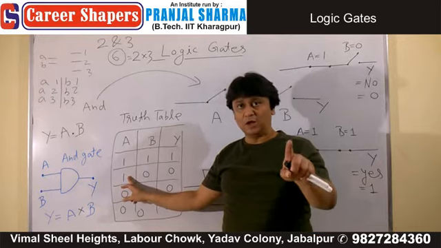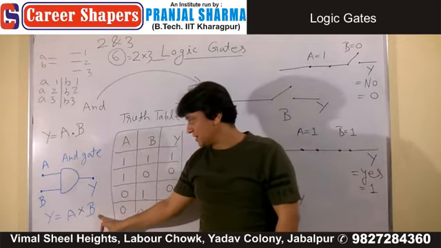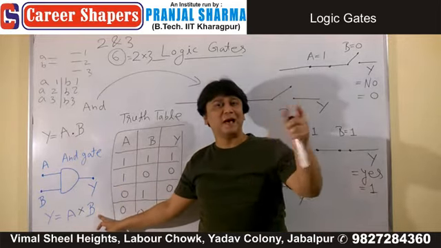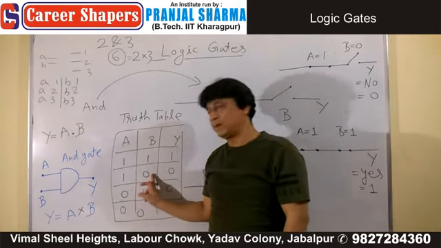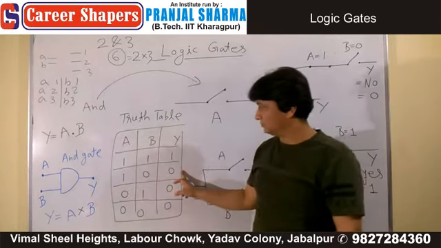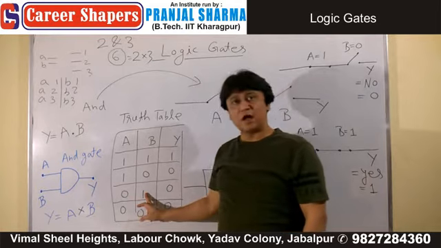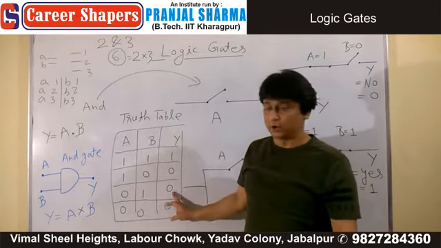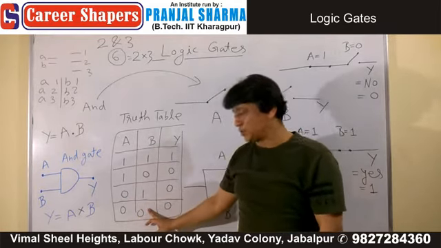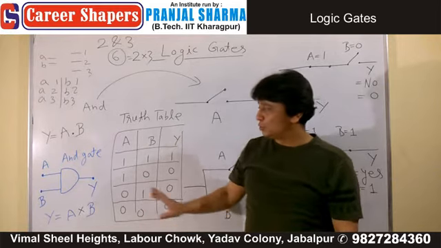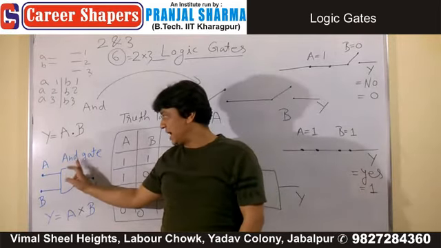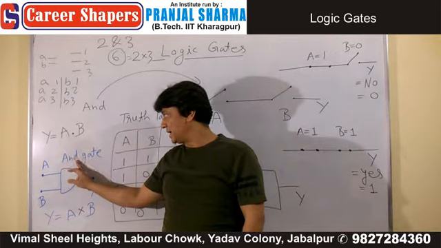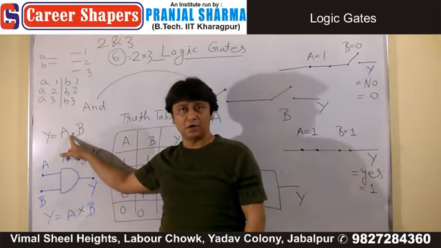Yes, 1 multiplied by 0. This is simple maths as of now. 1 multiplied by 0 is what? 0. 0 multiplied by 1 is what? 0. 0 multiplied by 0 is what? Another 0. So, whenever you see AND gate, that AND gate is represented by a dot.